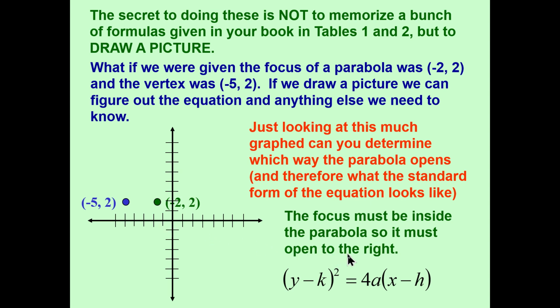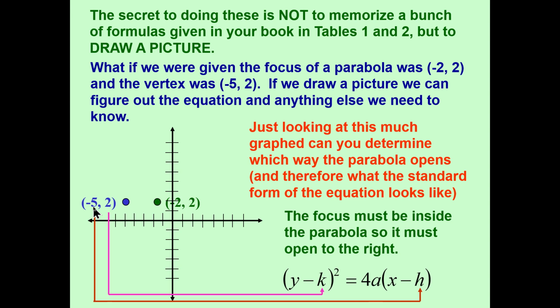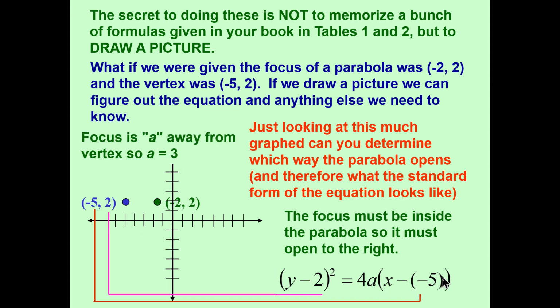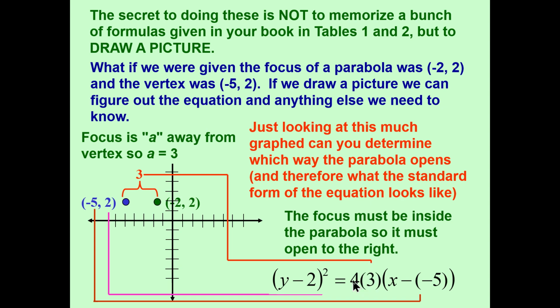Looks like 3 units for our A. Based on this, you can see what your vertex is going to be. The focus is 3 units away, so A is 3, so you're going to have 3 times 4, which is 12. And there's your equation for the parabola.